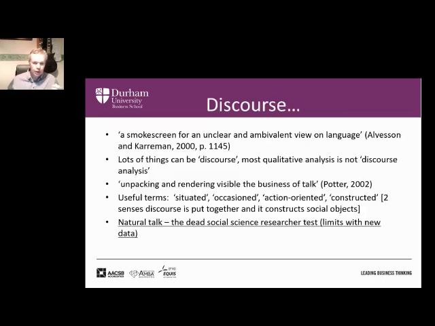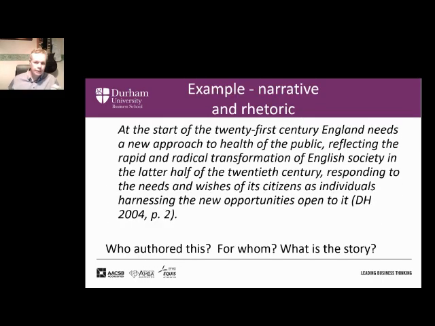If we go back to the example of the white paper, how does that establish credibility? Well, it states at the beginning that it's contemporary. So it's written at a certain point in time, at the start of the 21st century, and it's almost portraying the change as an inevitable change because of that. It's contemporary, and we need to reflect the rapid and radical transformation of English society. So that's how it's establishing credibility.